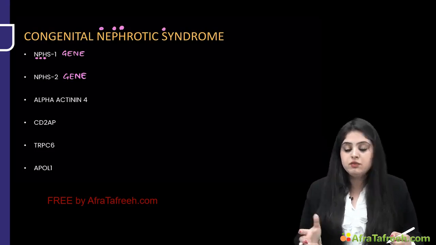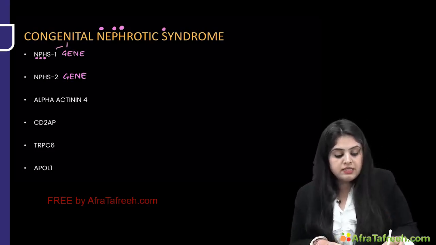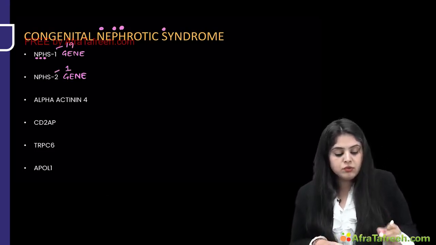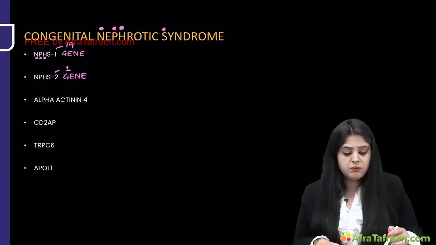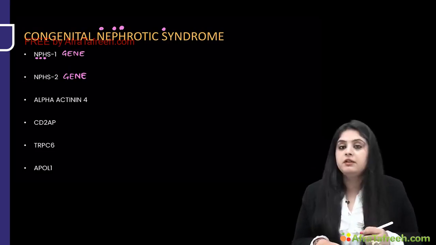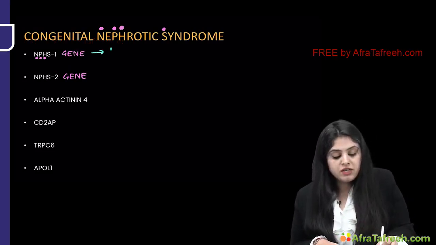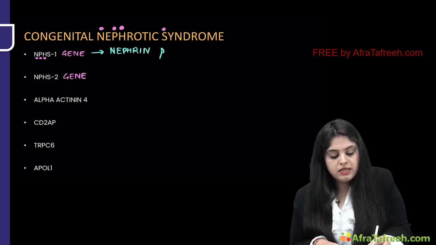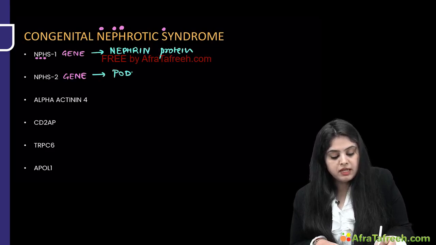NPHS1 you can learn if you want to. It's on chromosome 19 and NPHS2 is on chromosome 1. But their chromosomes are not important. Honestly telling you, their chromosomes are not important. Their proteins are important. NPHS1 gene makes which protein? Nephrin protein. And NPHS2 gene makes podosin protein. And how am I going to learn this information?